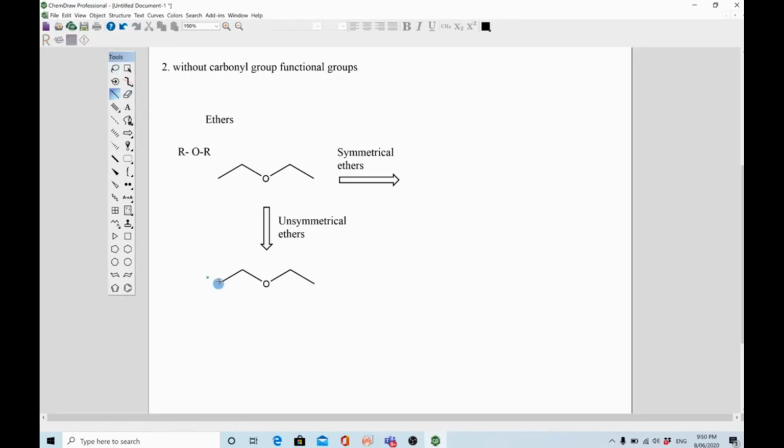But if your ether is different, like for example here, this is an unsymmetrical ether because one side is different from the other side. The central point is oxygen, so you stop at oxygen and look at both sides. This is symmetrical ether. Okay, there are no primary, secondary, tertiary ethers, thank God.